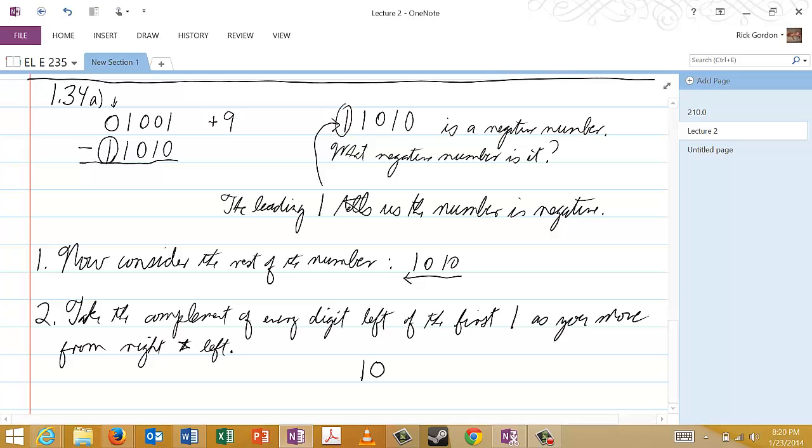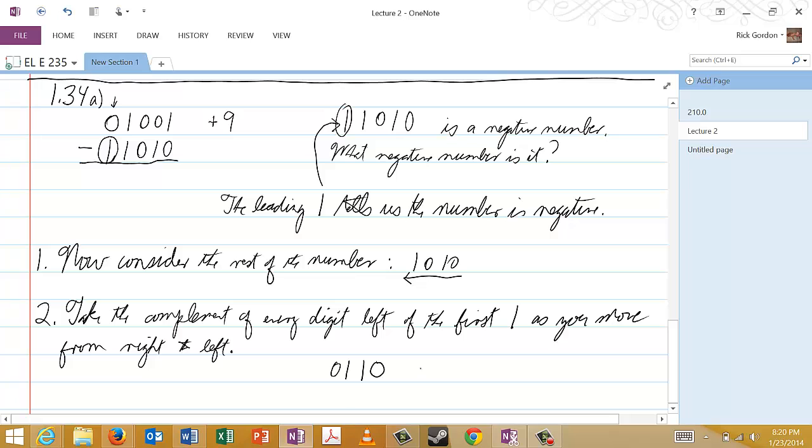And what do we mean by complemented? It just means it will flip. So if it's a 0, it'll change to a 1. If it's a 1, it'll change to a 0. So now that we've encountered our first 1, as we continue to move from right to left, this 0 will become a 1, and the 1 at the leftmost side of the number will become a 0.